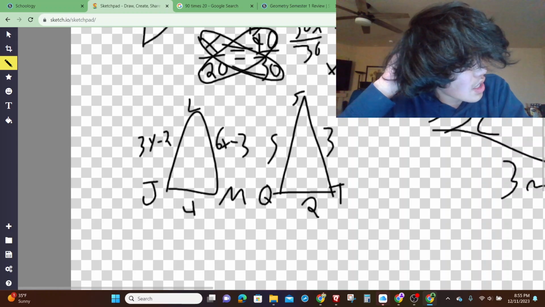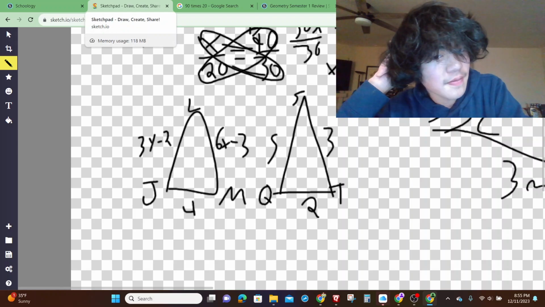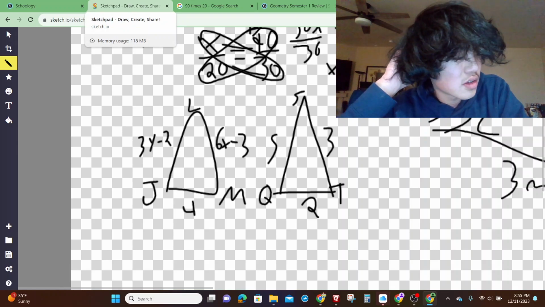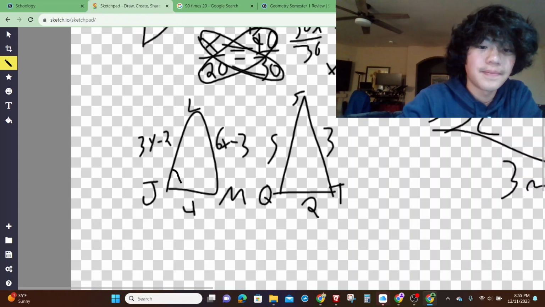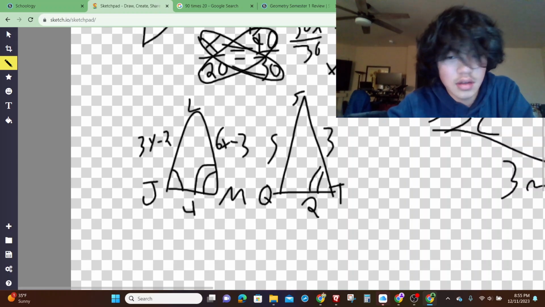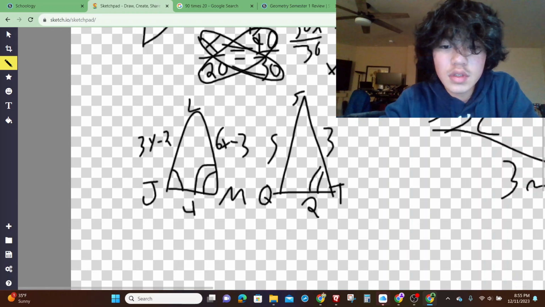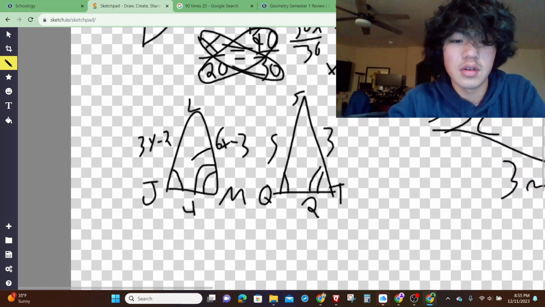Okay. So what we're looking at is very, very complicated. But since there were these congruent marks on J, there's a congruent mark on M. There's also that on T, and there was that on Q. So we can put 6x minus 3 right there.